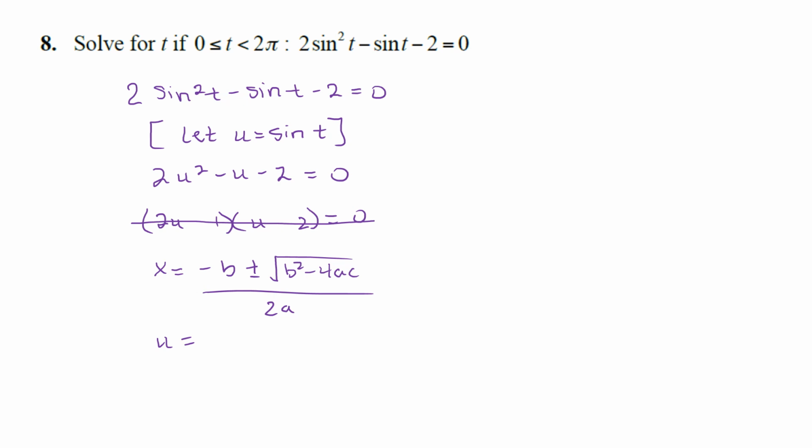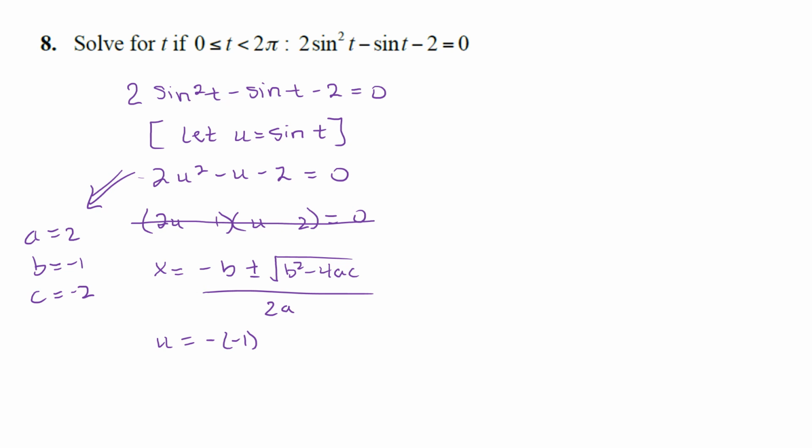It's technically sine, but we'll convert it back towards the end. And our b here is -1. I got that from my quadratic equation where a is 2, b is -1, and c is -2.